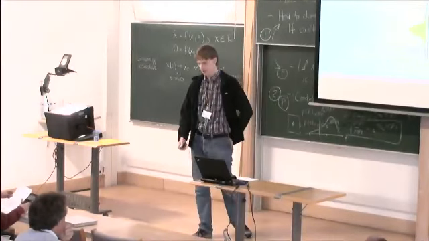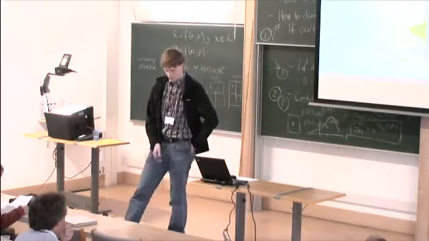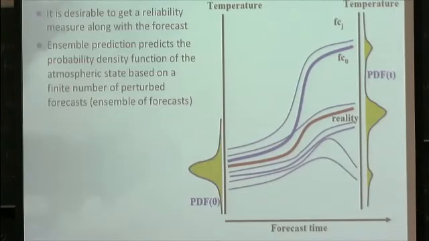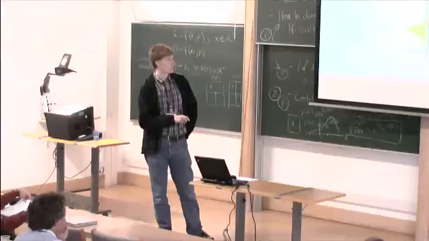And to address this uncertainty in the weather forecasts, the idea is to produce probability forecasts. So you don't only forecast one state, but you try to forecast the PDF of your forecast. So you start off with a PDF at initial time, and then you do many single forecasts to get a PDF of the forecast.